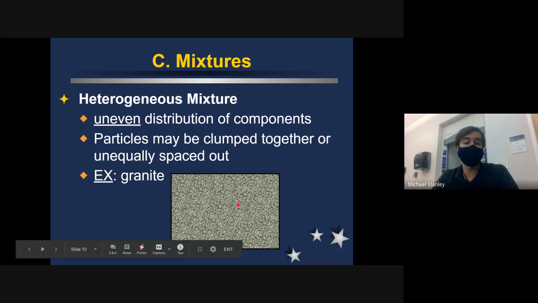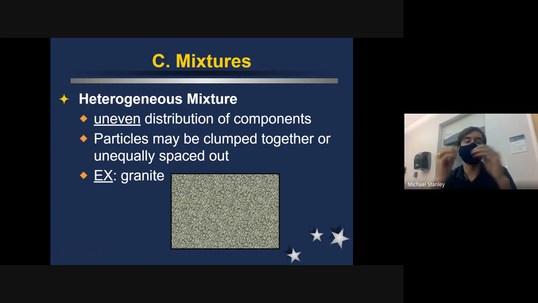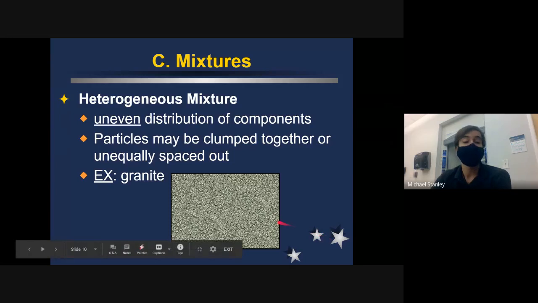The reason you see all these different ones is that some of the minerals get clumped up with each other. So there might be more darker colored minerals over here and more lighter colored minerals over here and some more grayish minerals down here and some brownish minerals over here. But all of them combined together give it this rocky, pebbly look.